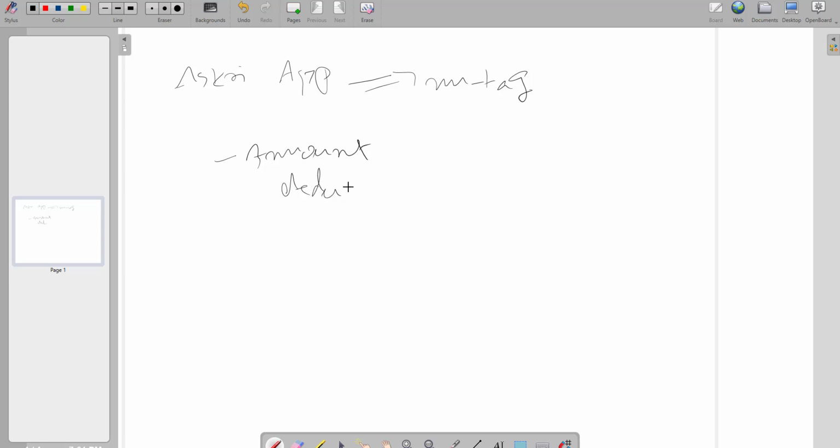Amount deducted: this is step 1, and step 2 is that it should be added to my MTag account.